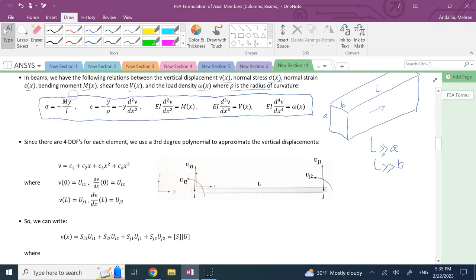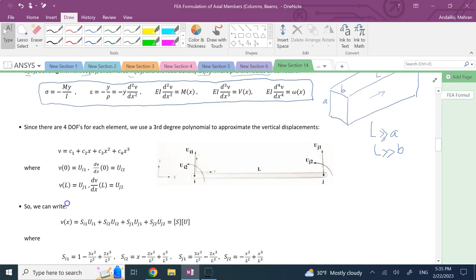Now let's go ahead and look at how we formulate the beam problem. Here your element has 4 degrees of freedom. We call them UI1 and UI2, UJ1 and UJ2, where the 1s are the vertical displacements and the 2s are the rotations, okay?